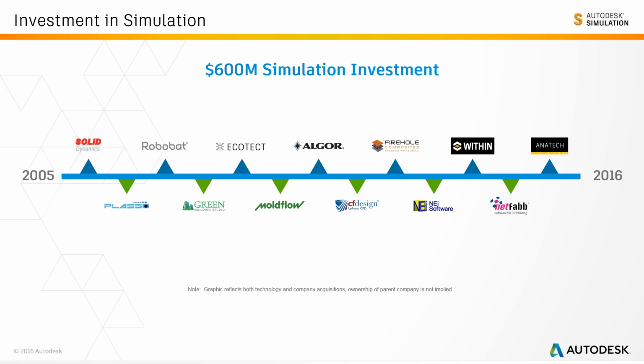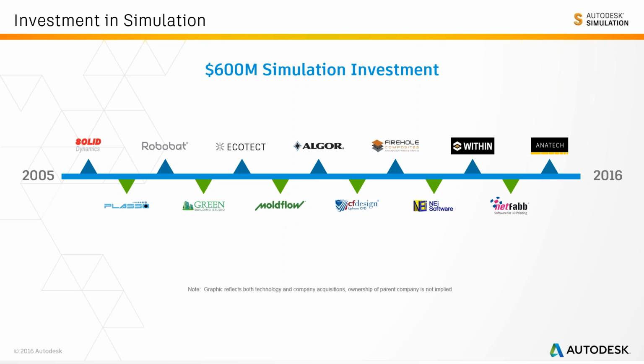Since there have been other acquisitions like Within and NetFab, so this looks at lattice generation of designs, automatic generation of new shapes. NetFab can look at 3D printing, simulation of that process, seeing how thermal stresses can affect the deformation of such structures.